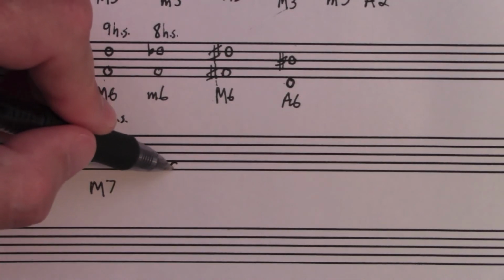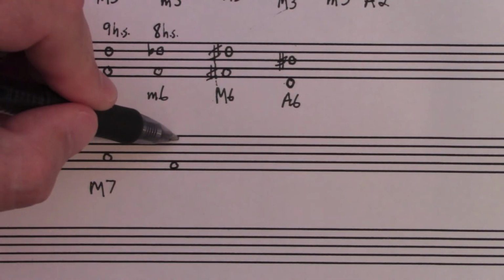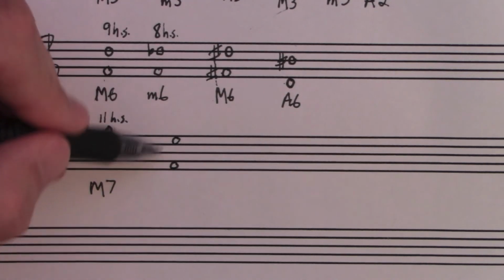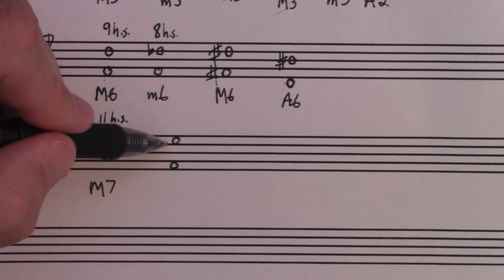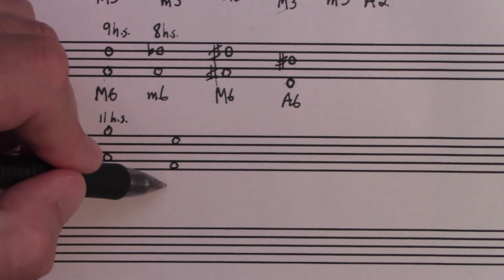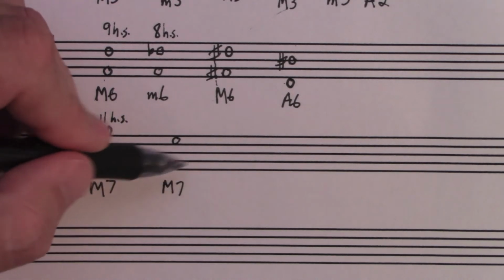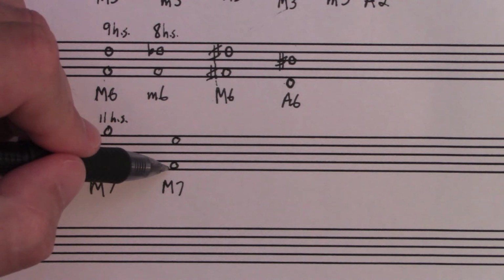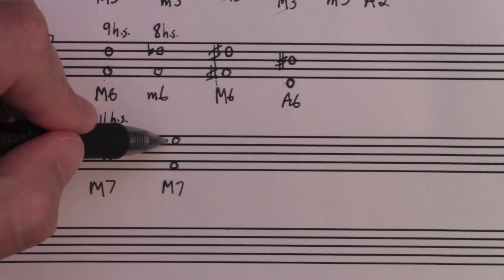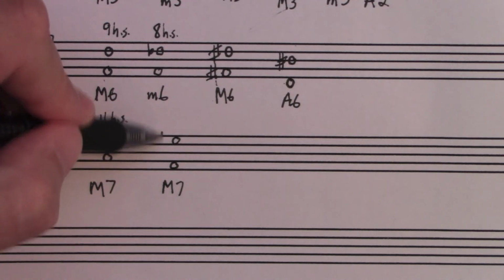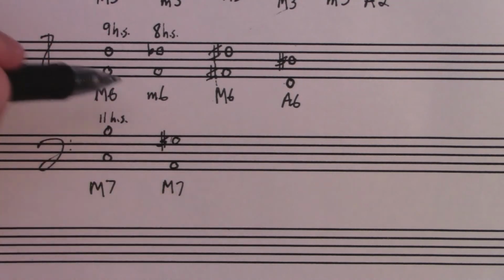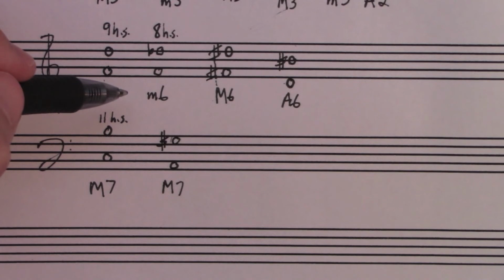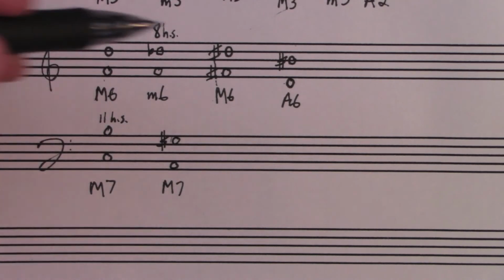So how about a major 7th above A? We know it would be a G because A, B, C, D, E, F, G. And for it to be a major 7th, well, let's just say, what's a half step below A? It's G sharp. Or we could count 11 half steps. Or we could just say one less than an octave.